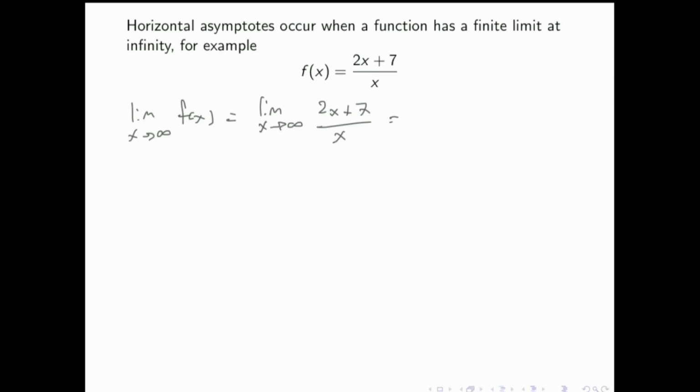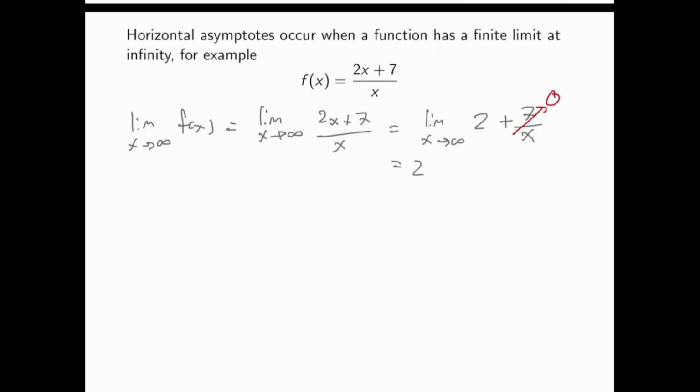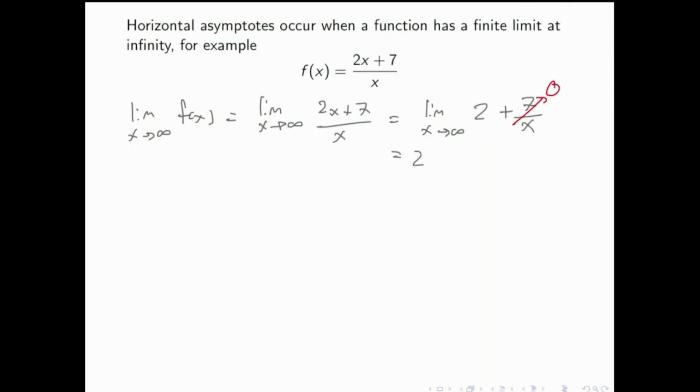So how about we do our little trick of canceling off an x? So this should be the same as the limit as x going to infinity of 2 plus 7 over x. And now we see that this guy is going to 0, and we should just be left with 2.